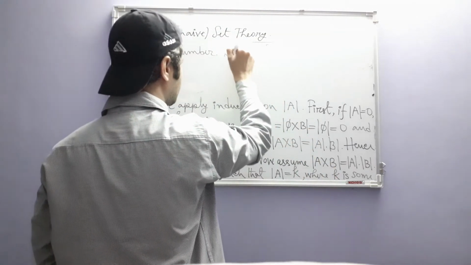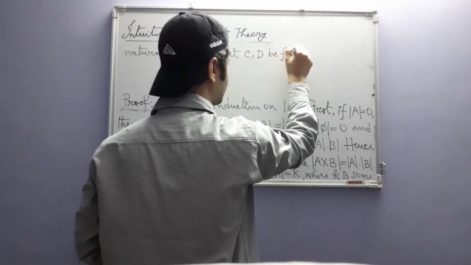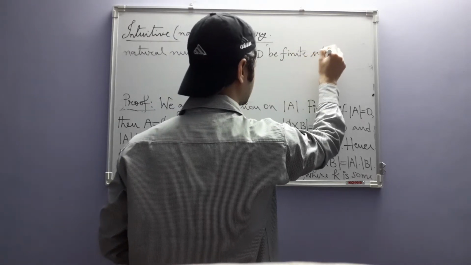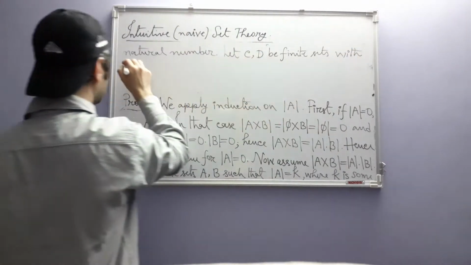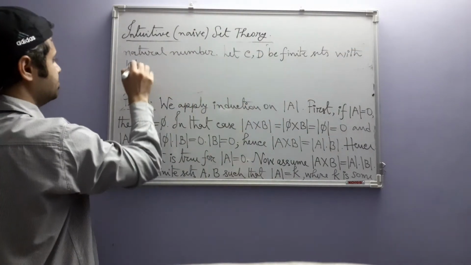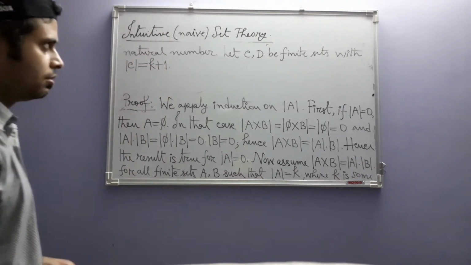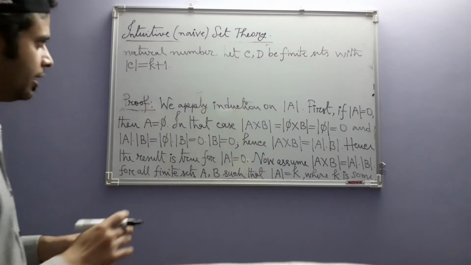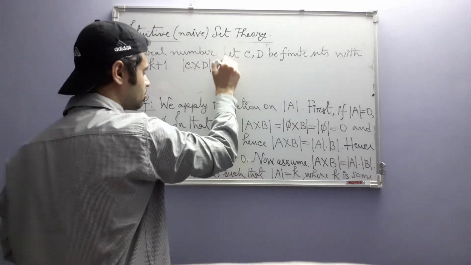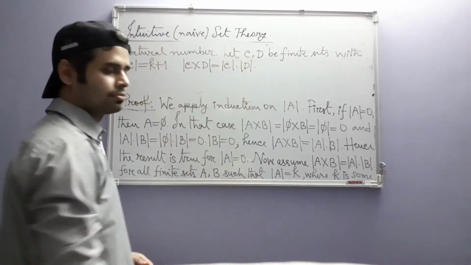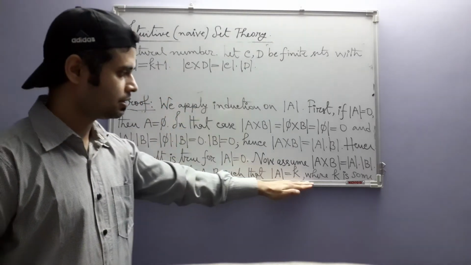So let C, D be finite sets with cardinality of C equal to k plus 1. What is our aim? Our aim is to show this. This is what we have to show. It's not given to us. What is given is this.